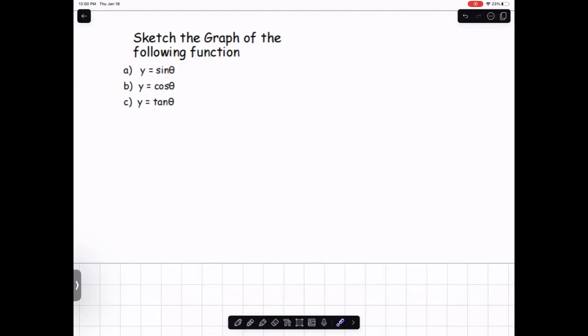So we start with the first question. The first question is y equals sine theta. So I'm going to do y equals sine theta, and we are going to have a view of what our sine graph looks like.